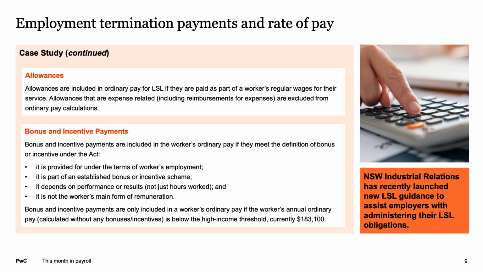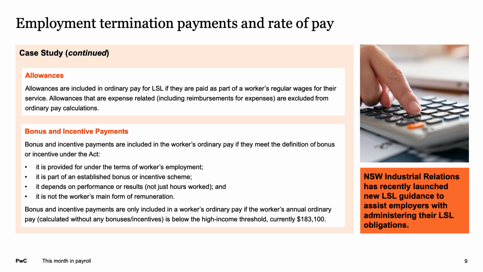Bonus and incentive payments are included in the worker's ordinary pay if they meet the definition of a bonus or incentive under the Act. That is, it is provided for under the terms of the worker's employment, it is part of an established bonus or incentive scheme, it depends on performance or results, and it is not the worker's main form of remuneration. If these conditions are met, the payment is included in ordinary pay, subject to the high income threshold rules.